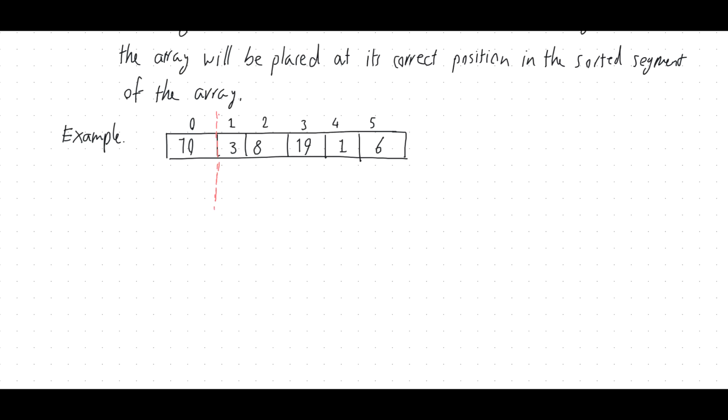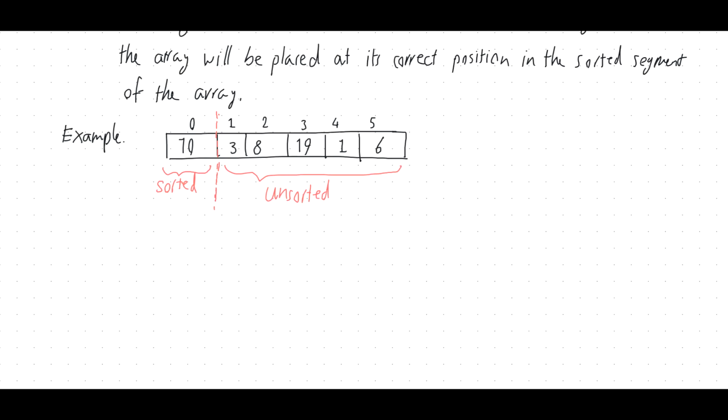So at the beginning, the sorted segment of the array has size 1, and then the rest of it is to be sorted. And as we go through the iterations, the sorted segment is going to expand, and it becomes 2, 3, 4, 5, and then the unsorted segment is going to shrink and become smaller and smaller until everything is sorted.